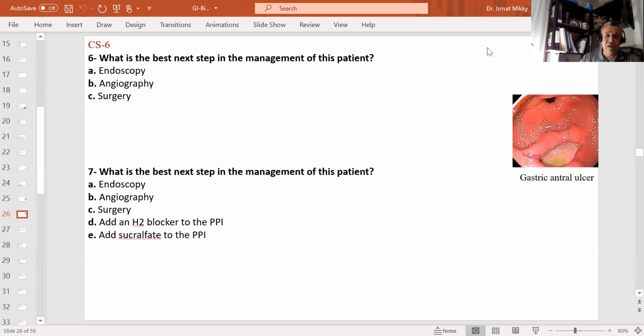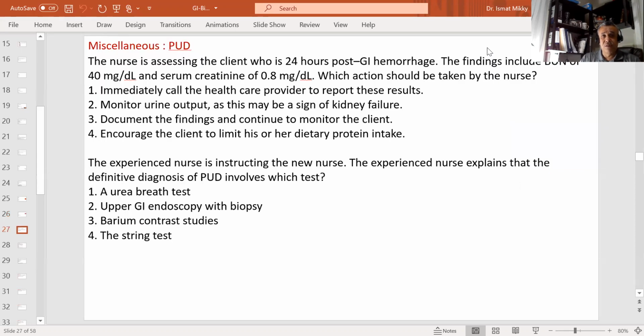The patient after the surgery will be sent to the ICU. So for number 7, we said the surgical procedure is the treatment.